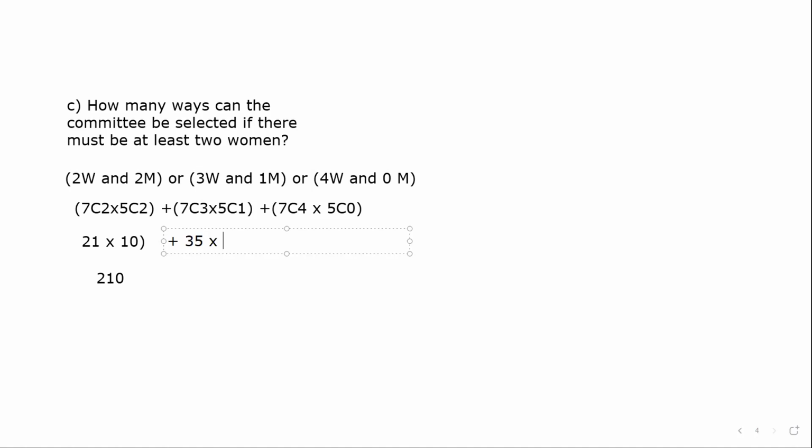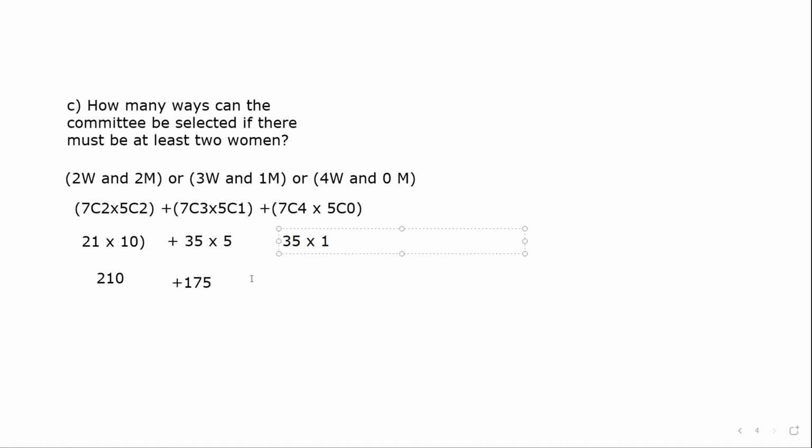times 5. Oh, 35 times 5 is 175. Yeah, okay. All right, so this is 175. And then this one we already had done before. 7 choose 4 was 35 times 1, right?